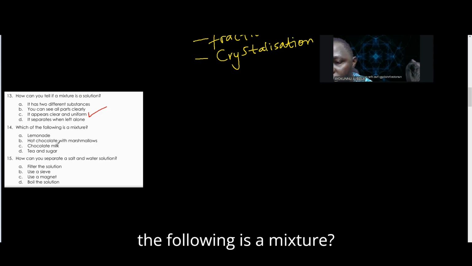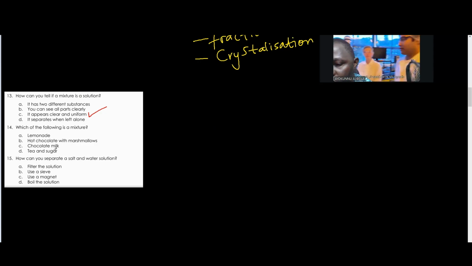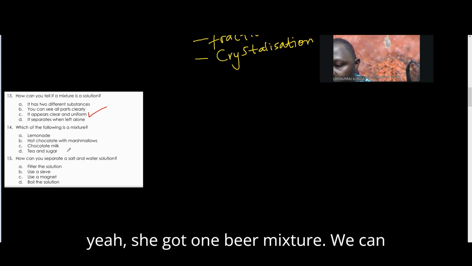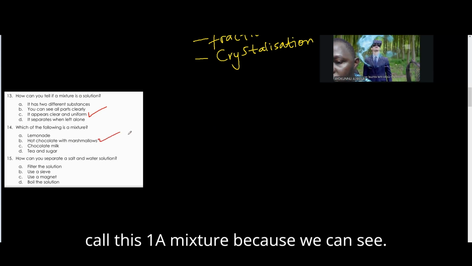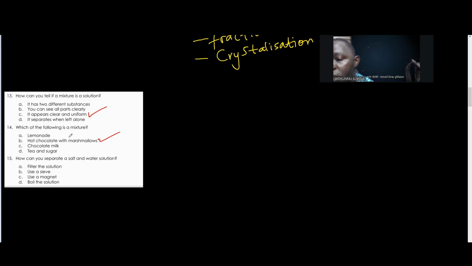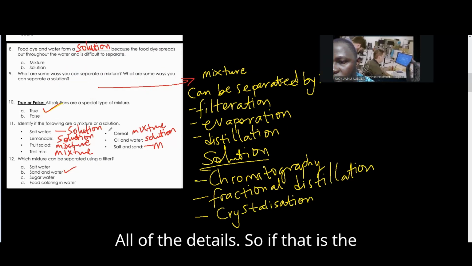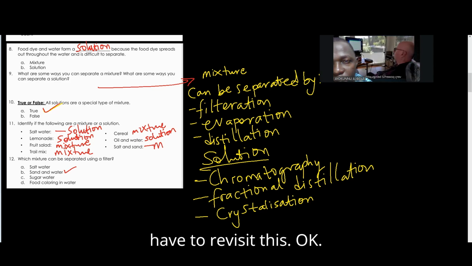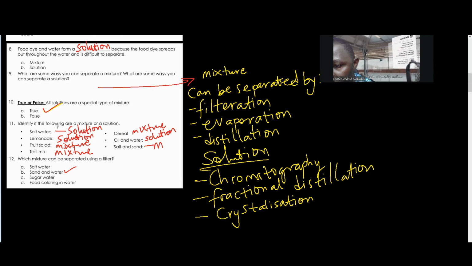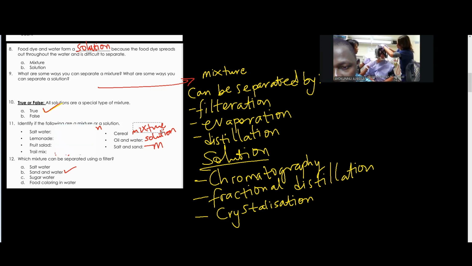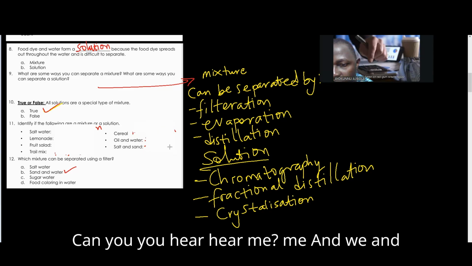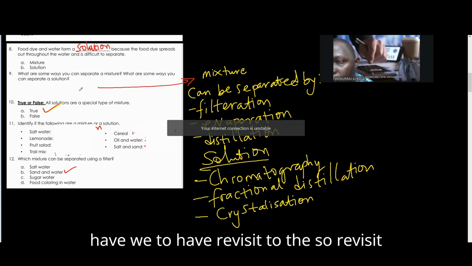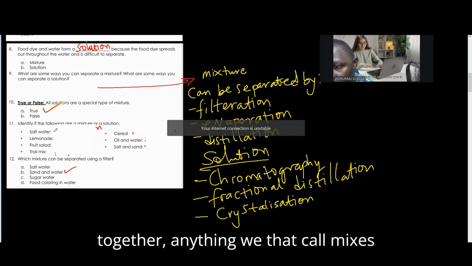Then, which of the following is a mixture? Tea and sugar won't be a mixture. We can call this one a mixture because we can see all of the details. If that is the definition we are using, then we might have to revisit this. Anything that mixes together, we call solution.